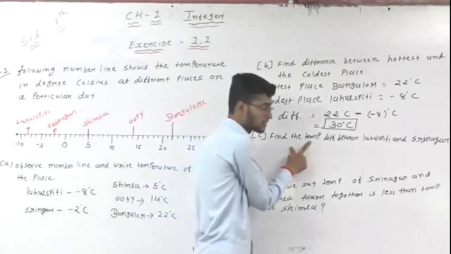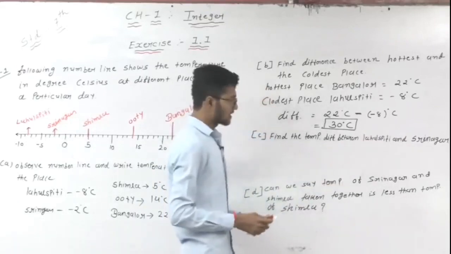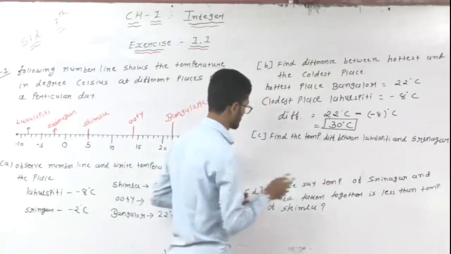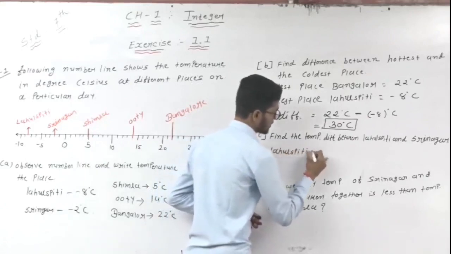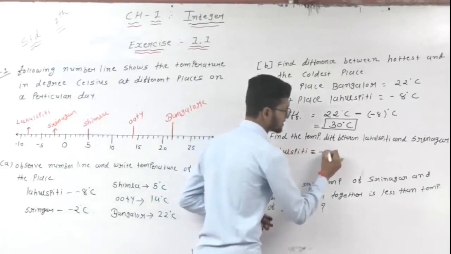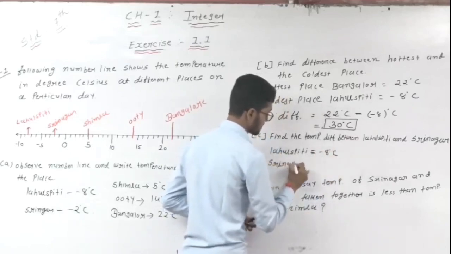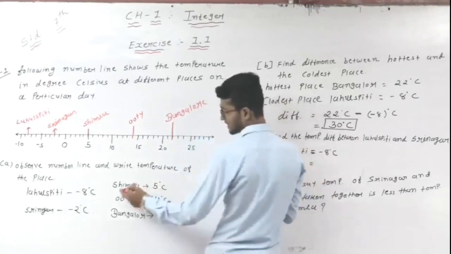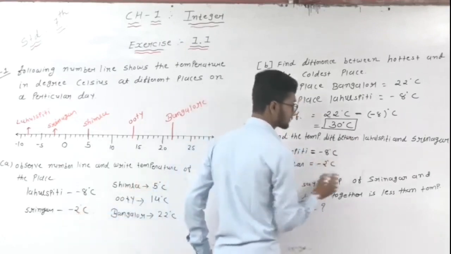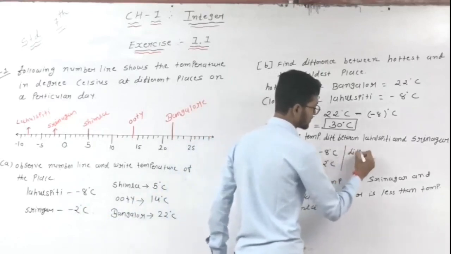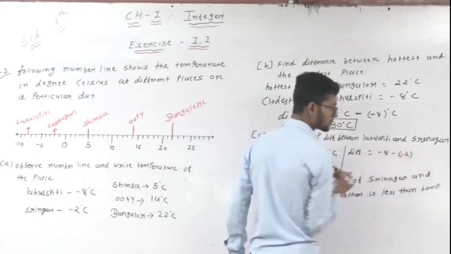Next, third one, find the temperature difference between Lahaul Spiti and Srinagar. So students, we all know Lahaul Spiti's temperature is -8 degrees Celsius, and Srinagar's temperature is here. What is the Srinagar temperature? -2 degrees Celsius. So to find the difference, difference is equal to -8 minus -2, right?